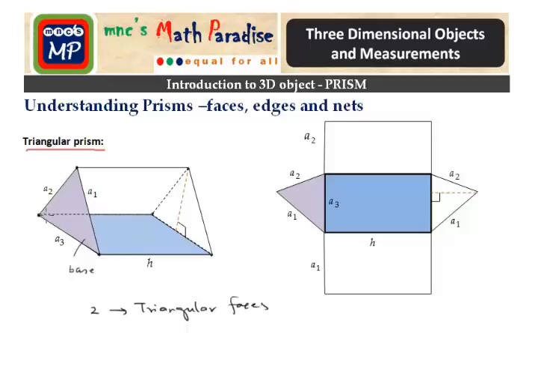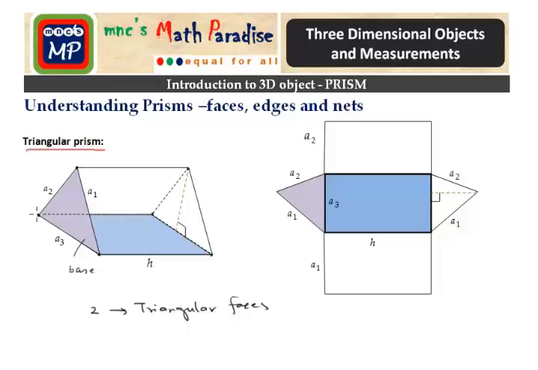And across this height, with each of the sides of the triangular base, there is one rectangular face. So for example, with this side A1 and this height, this front face is a rectangular face.